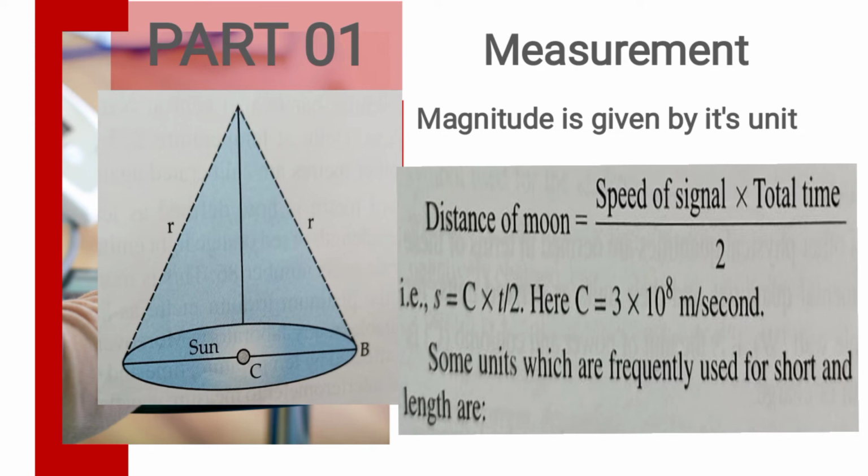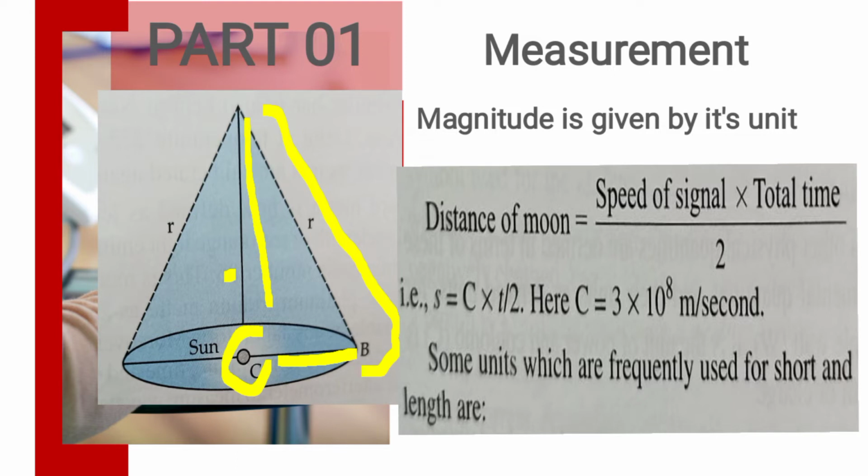You can see this from the figure, where this is the moon, this is the sun, and this is our earth, and this would be the radius.